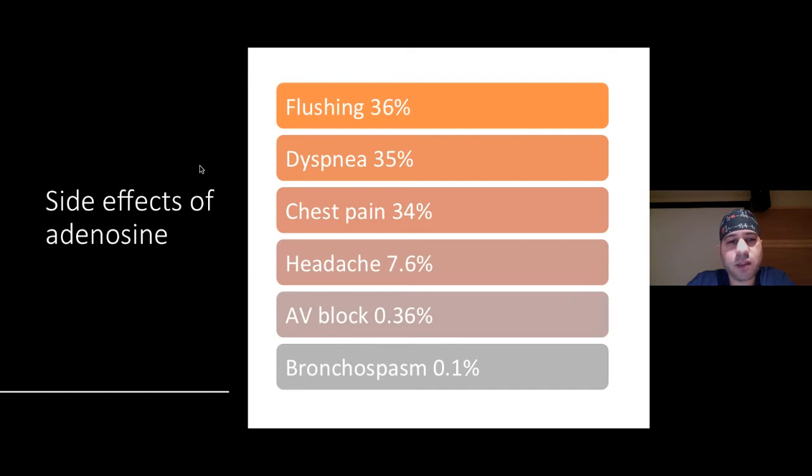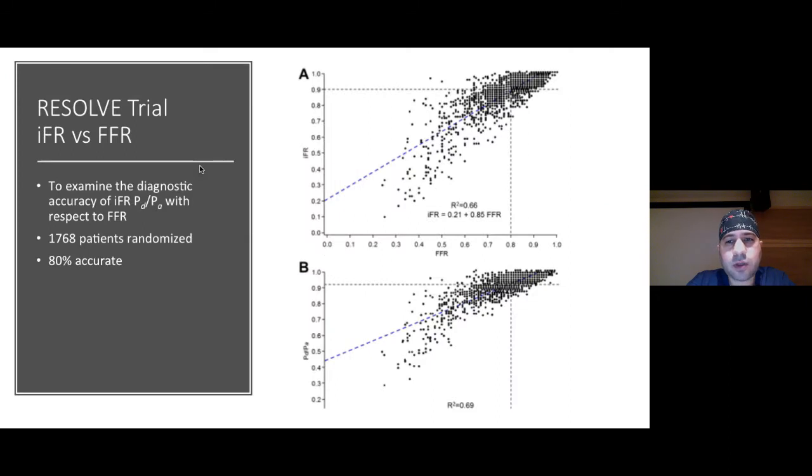So if you have a patient with severe asthma, adenosine is not the best drug to give them in the cath lab. Or if you have a patient with severe aortic stenosis, you don't want to induce hyperemia in these patients. So it was important to have another modality to measure pressure gradients.